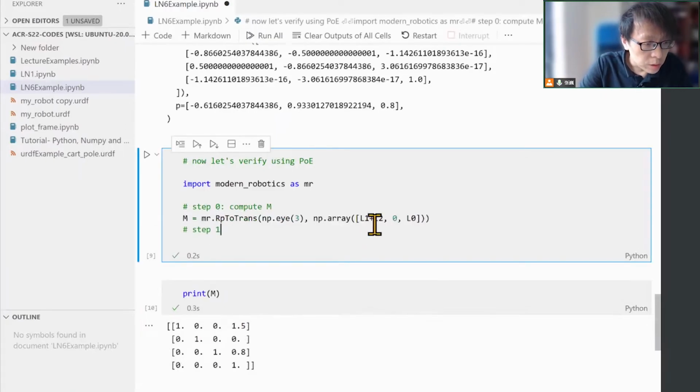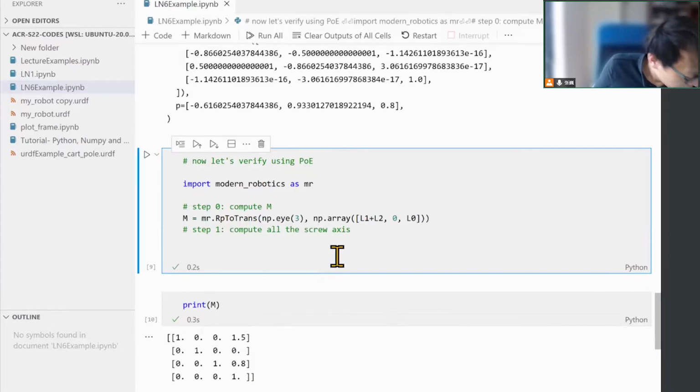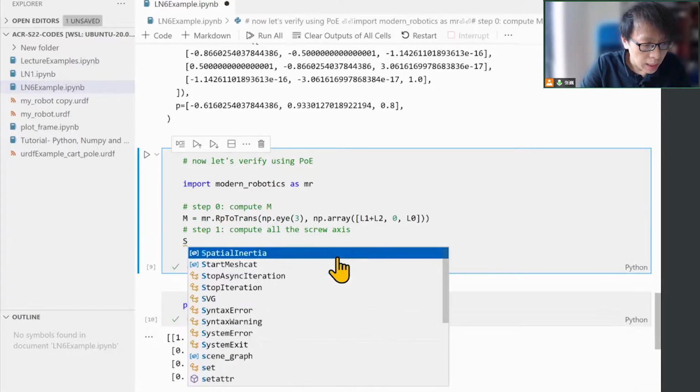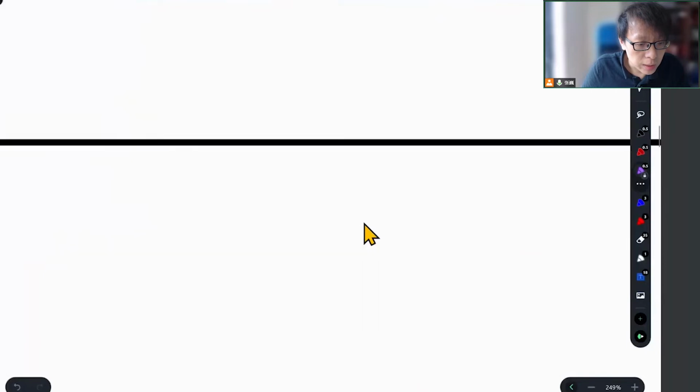So step 1. What is step 1? Here, let's compute all the screw axes. In this case we have 2 screw axes.